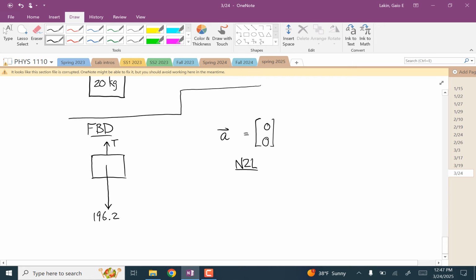The weight force is in the negative y direction, so 0, negative 196.2. The cable force is in the positive y direction, so that's 0, t. And those add up to the mass times the acceleration vector, which is 0, 0.